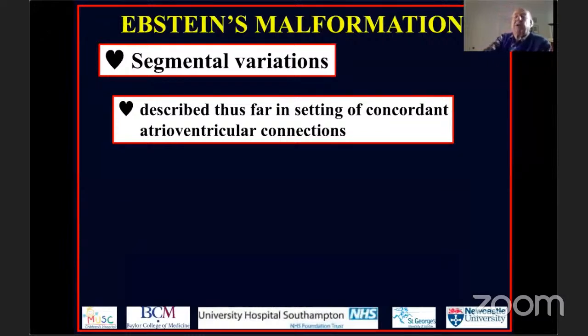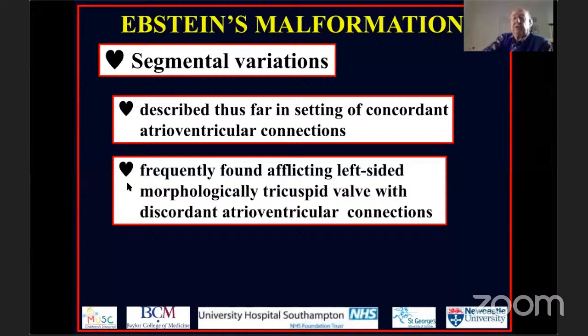I've also mentioned the importance of segmental variations, because thus far I've only spoken about Ebstein's malformation in the setting of concordant atrioventricular connections. There is a comparable lesion in many instances in the setting of congenitally corrected transposition. And the phenotypic feature of that lesion, of course, is discordant atrioventricular connections.